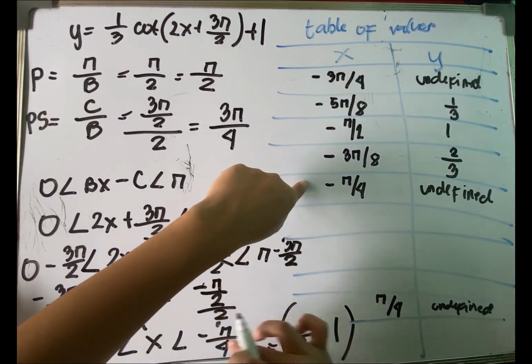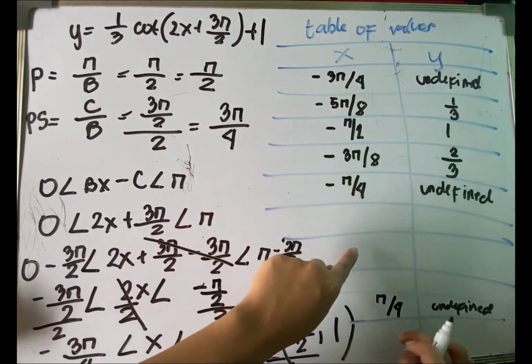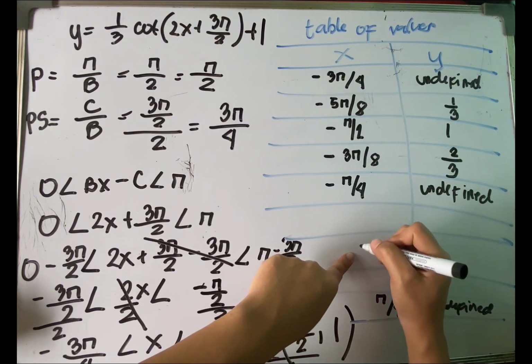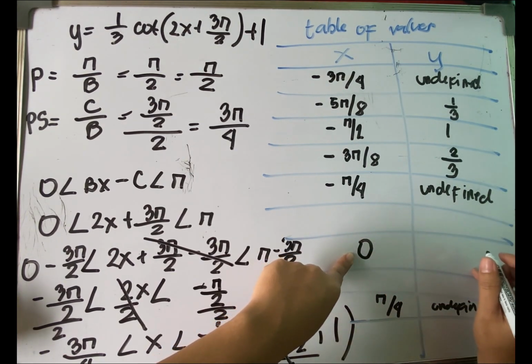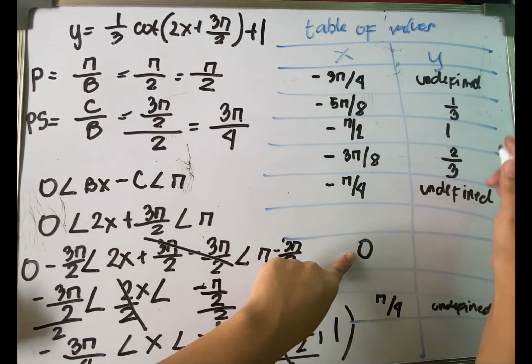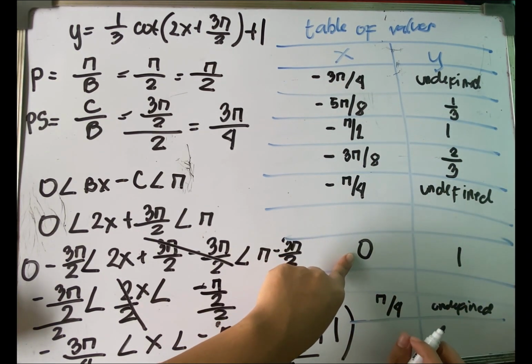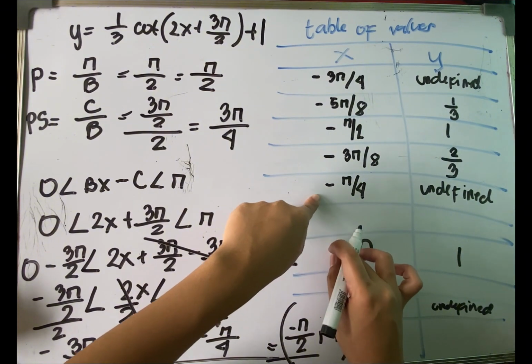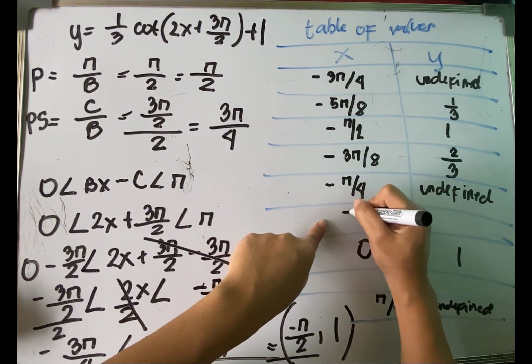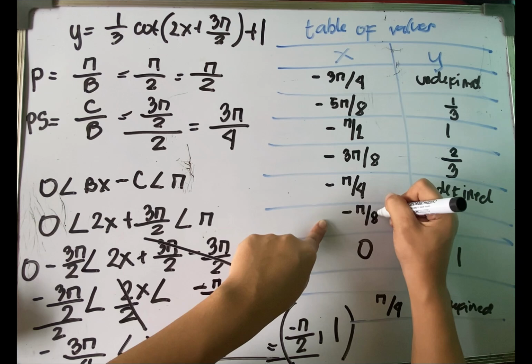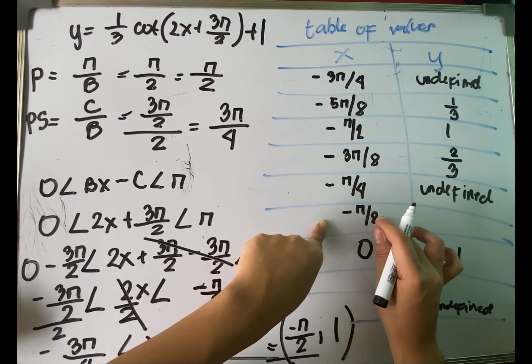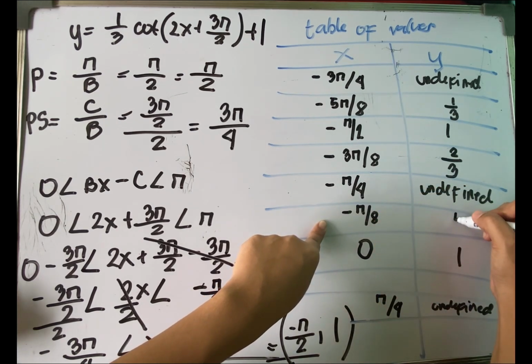For the middle, we have 0 and 1. Then we have to add these two and divide by 2 to get pi over 8, and it is 1/3.